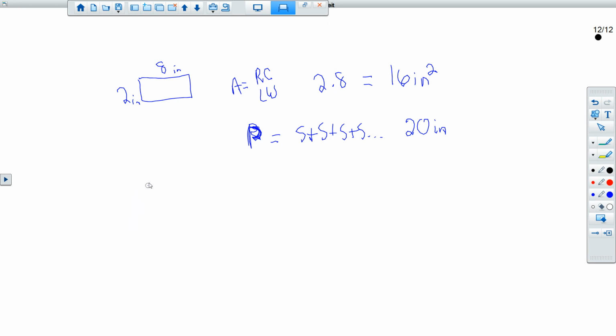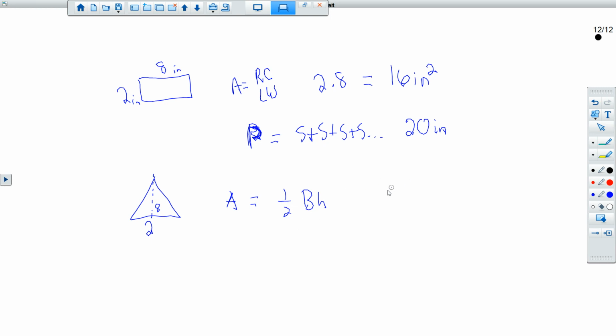Now let's do the same thing with a triangle. Let's say here that this triangle is 2, and this part right here, we're going to call it 8. It's not really drawn to scale, but I want you to see how it's done. I can't do 2 times 8 because I would get 16. So we need to remember what our formula was. And our formula says area is equal to 1/2 base height.